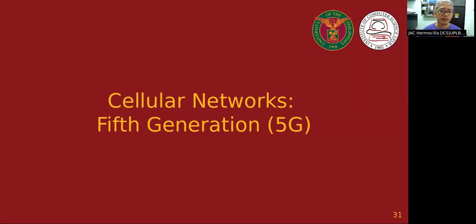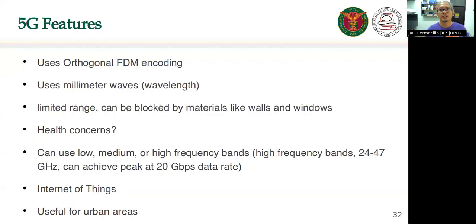The latest, or I think this is not the latest anymore but is not yet widely deployed, is supposedly a newer generation. In the Philippines, I think some of the providers offer services for 5G. It uses orthogonal FDM encoding, and it uses millimeter waves. It has limited range and can be blocked by materials like walls and windows.